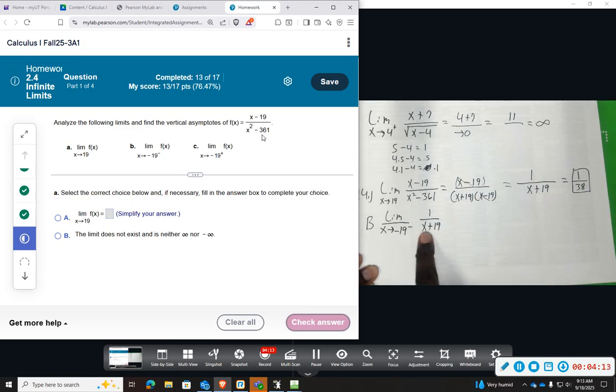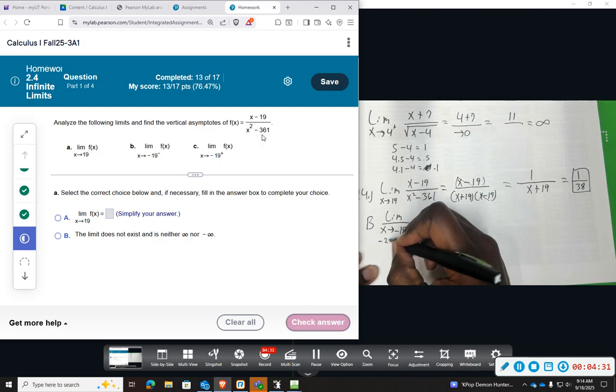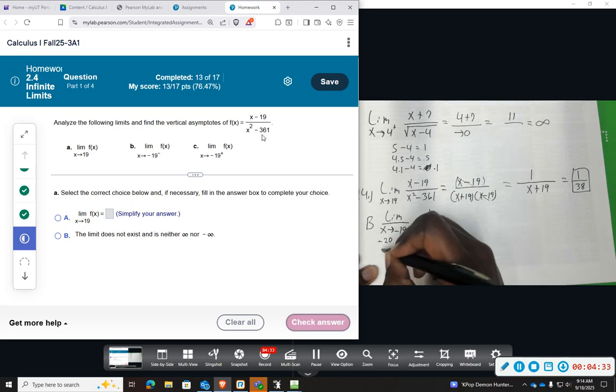In this case, when you plug in negative 19, you get a 0 in the denominator. So let's see what happens as we inch toward negative 19 from the left side. I would start at negative 20 and inch my way, so negative 19.5, and then negative 19.1.